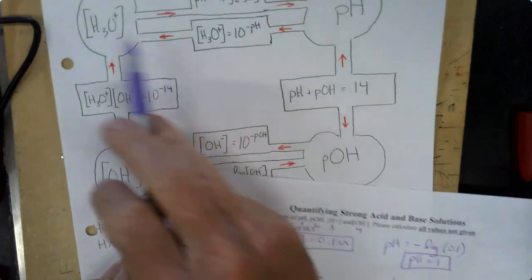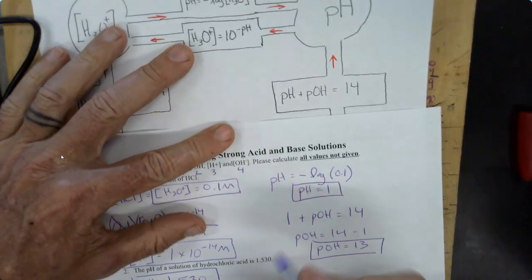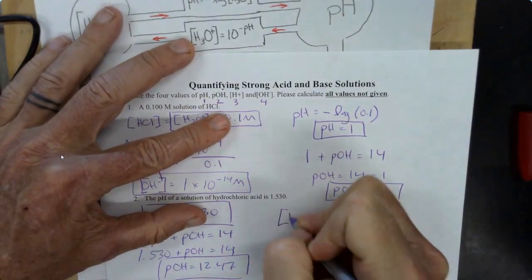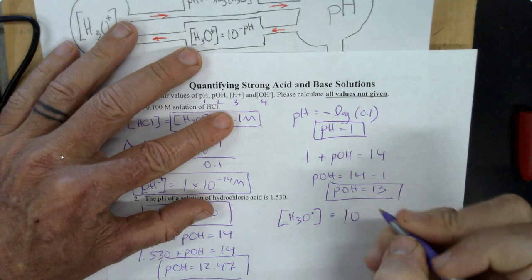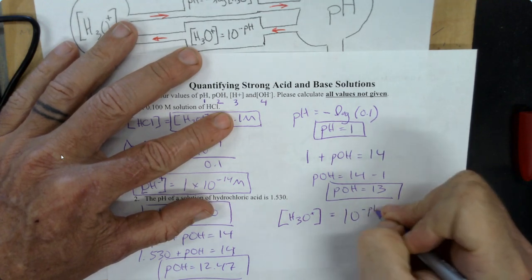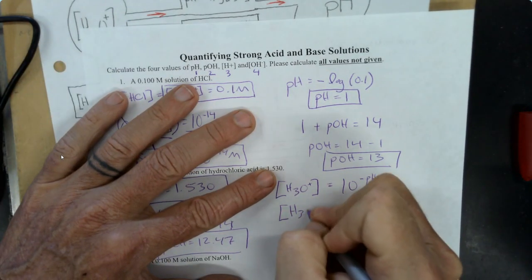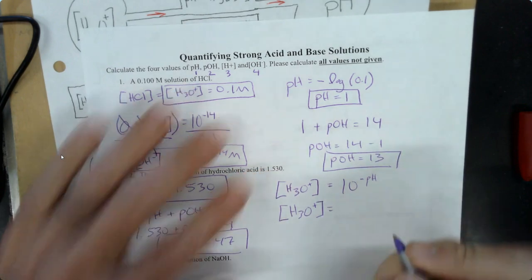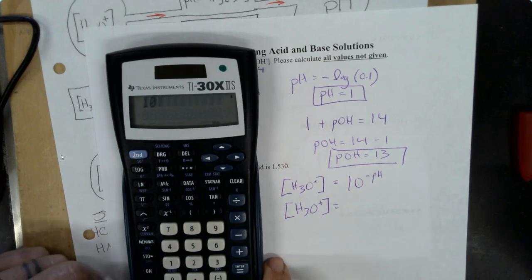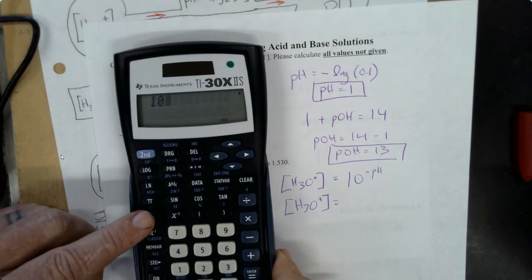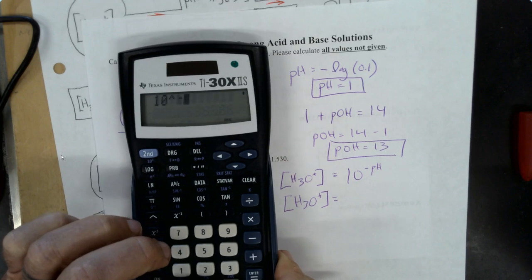Now let's get maybe this hydronium ion concentration over here. So we're going to use this formula right here. So the hydronium ion concentration is equal to 10 to the power of the opposite of the pH. Okay? So the hydronium ion concentration is going to be equal to, get my calculator here, and I'm going to put in 10, and then I'm going to push the to the button right here. This is the to the button. 10 to the negative, and what was the pH?